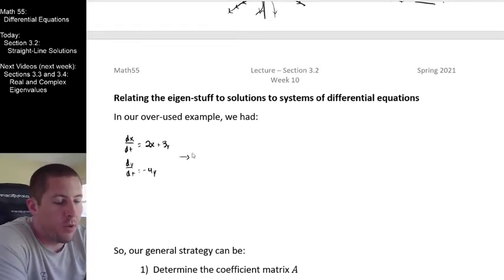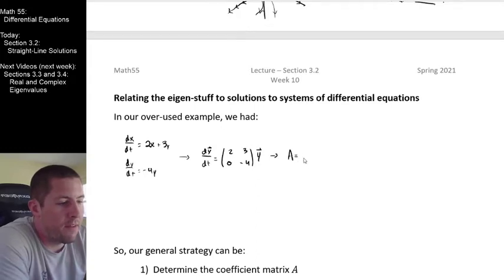But now we've upgraded to be able to write this as a system. So d/dt of the vector y equals the matrix [2, 3; 0, -4] times the vector y. And this said to us we've got this coefficient matrix A of 2, 3, 0, -4.